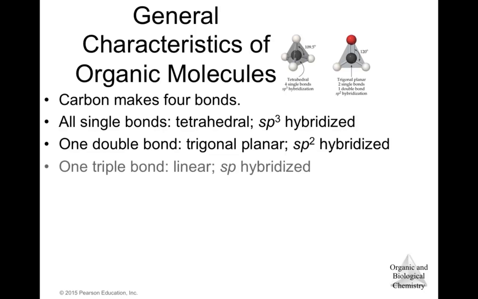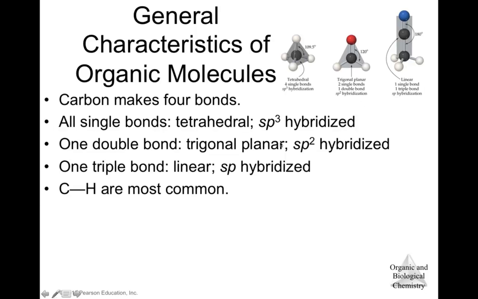And we also have the triple bond that we know is linear, and the hybridization of this carbon is sp, and the angle between this single bond and the triple bond is 180 degrees. Remember, sp3 is tetrahedral, sp2 is trigonal planar, and sp is linear.